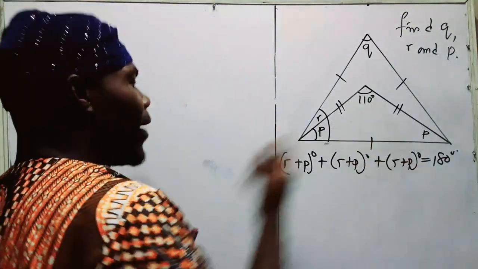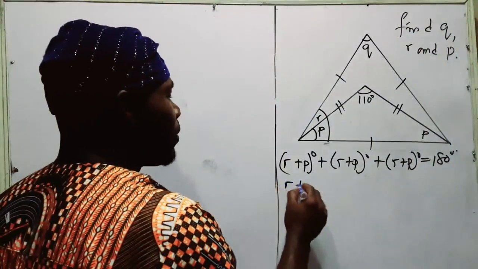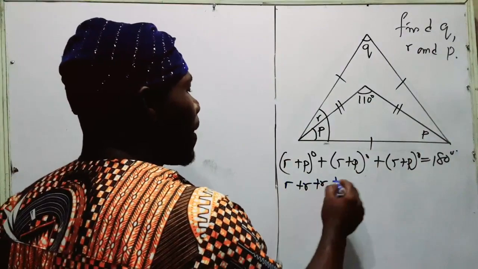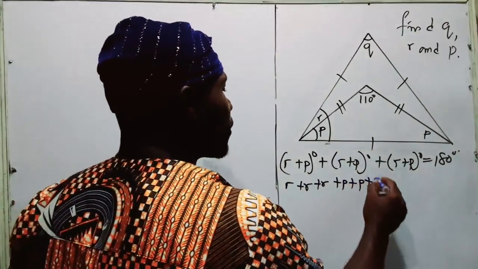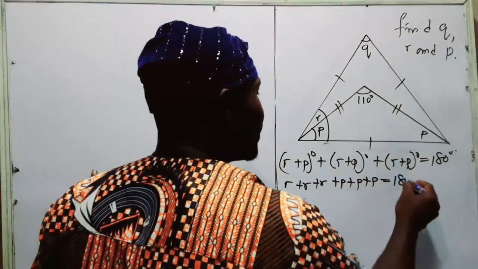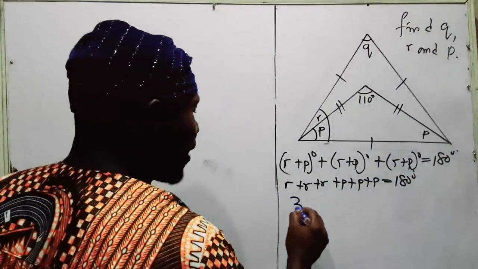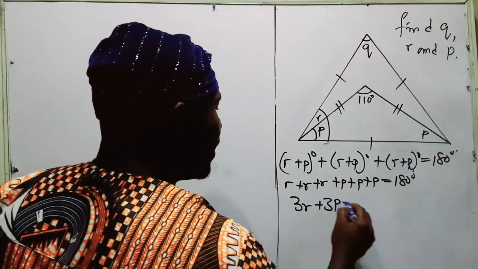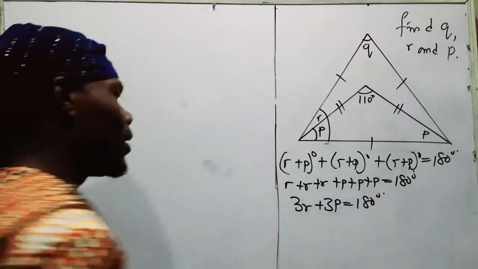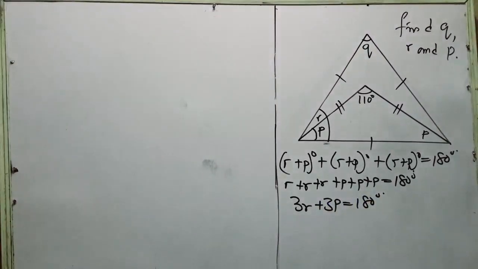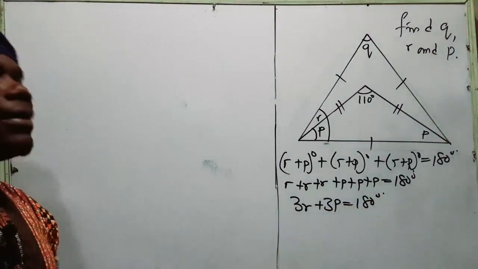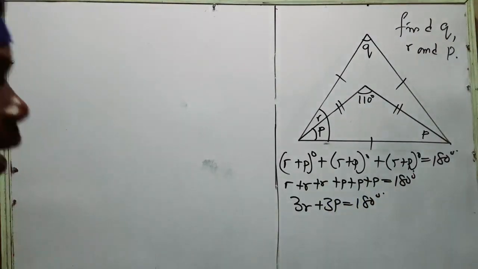So let's try to rearrange. We have R plus R plus R plus P plus P plus P is equal to 180 degrees. So we have 3R plus 3P is equal to 180 degrees. Recall that the 3 is common here.